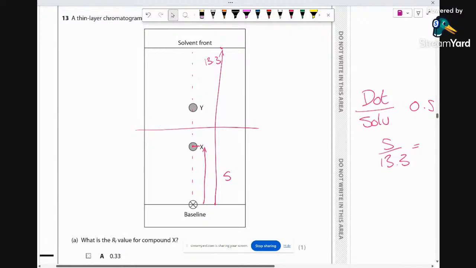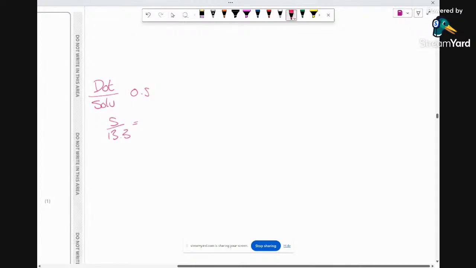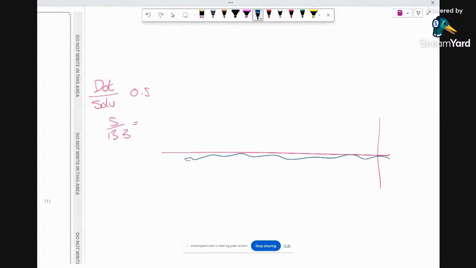Just to try and explain what's going on here, I always imagine lying it down. I know it seems a strange thing, but the water is going to soak up through the paper like this, and here's your dot. The dot's on the paper at that point. The water level, which was below that line, starts to soak up, and the water picks up the dot.